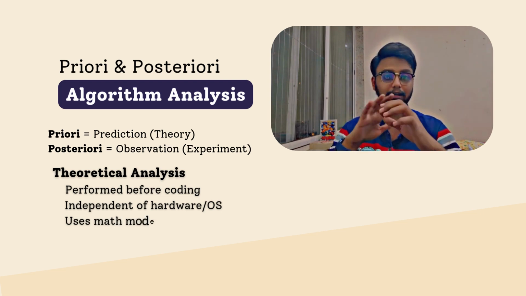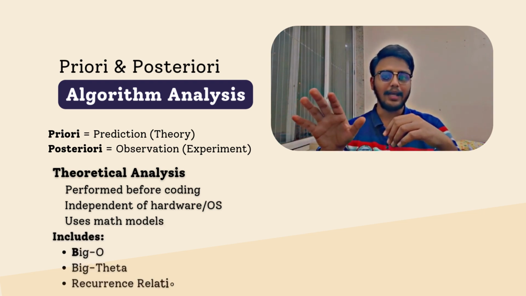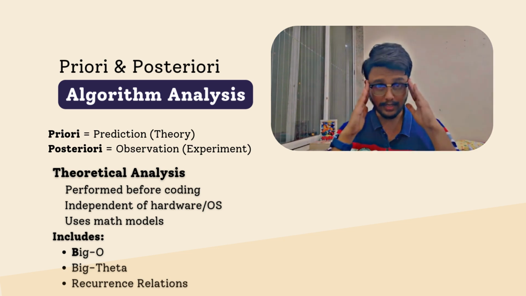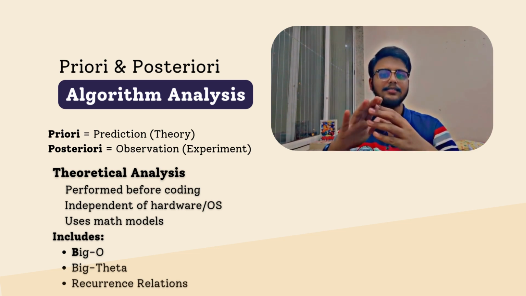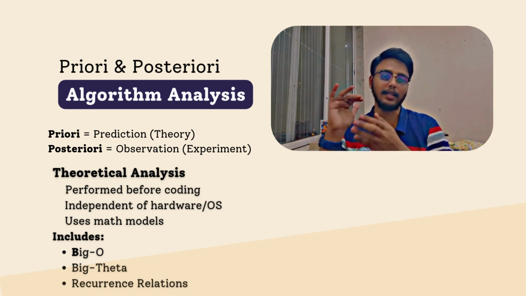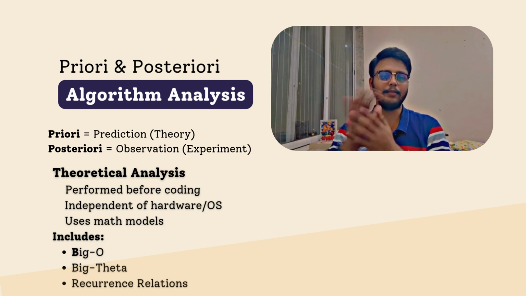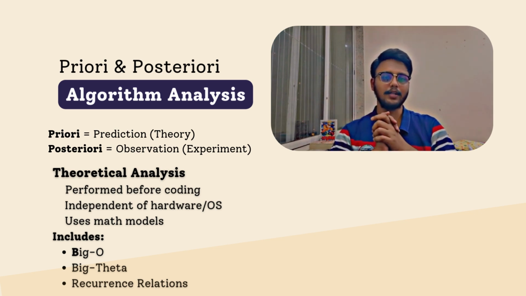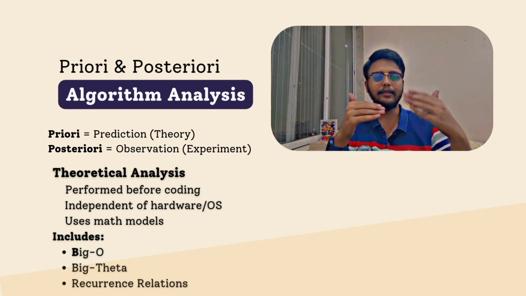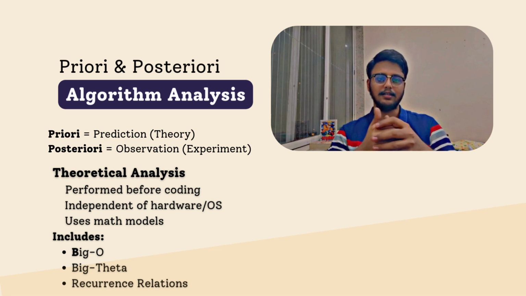It is independent of the system, the hardware or the compiler, anything, and it uses mathematical models. Examples of priori analysis are the big O notation, big theta notation, and recurrence relations. These are important concepts from the GATE perspective, not from the interviewer's perspective, but it is better that we understand them. These concepts are also used in masters while students are pursuing masters as well.